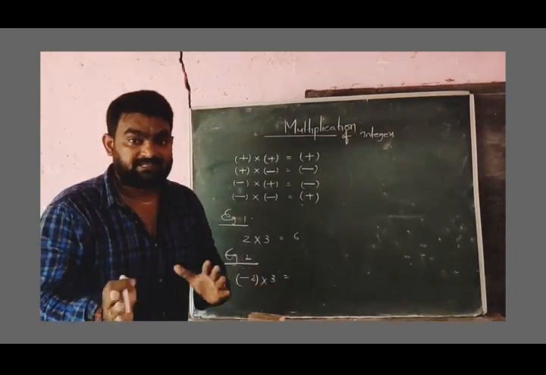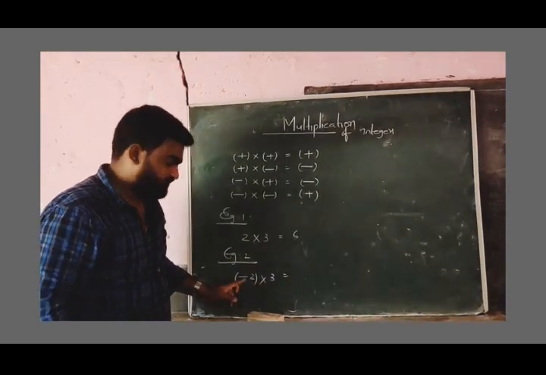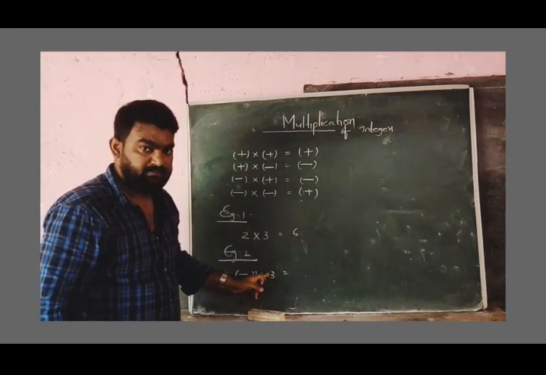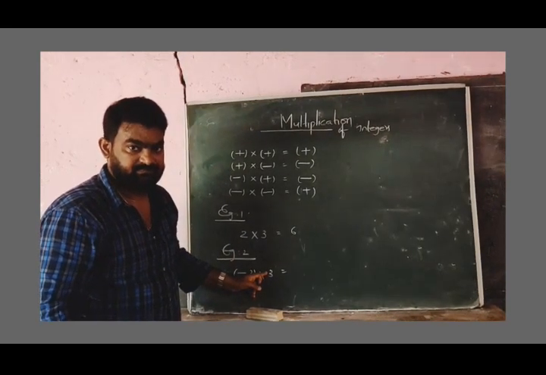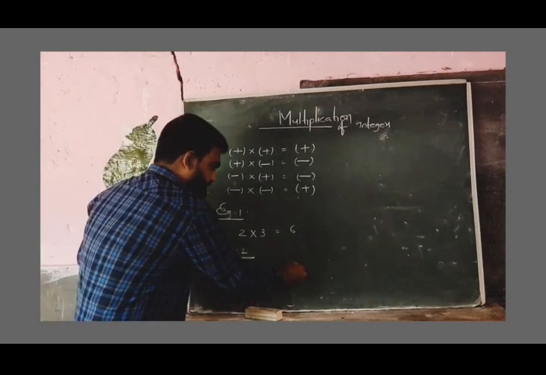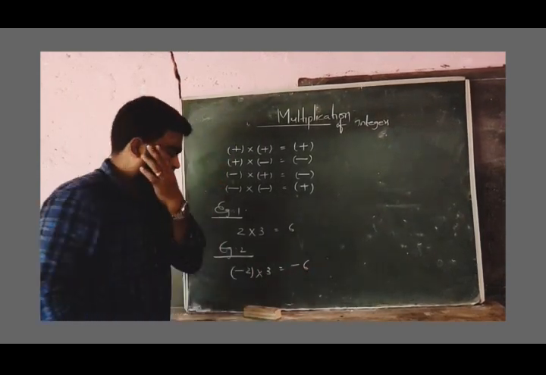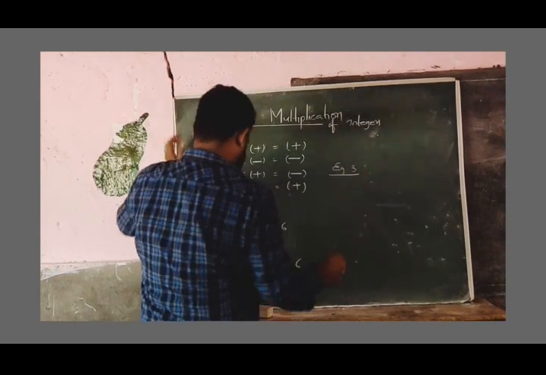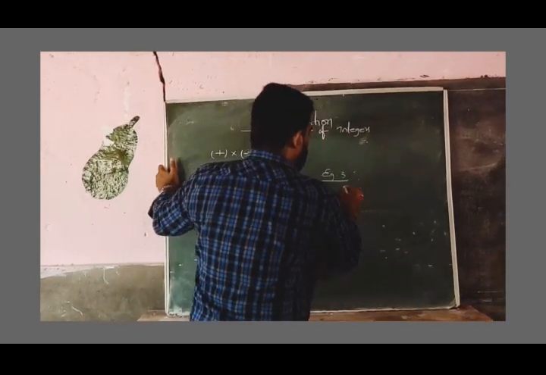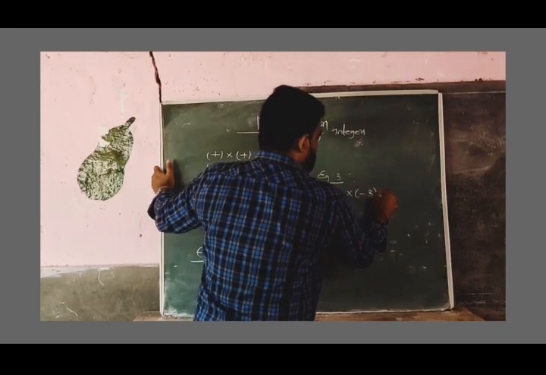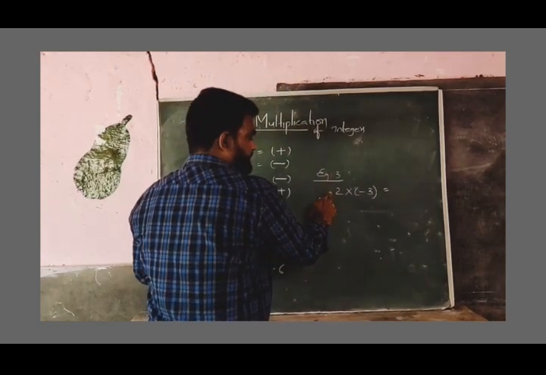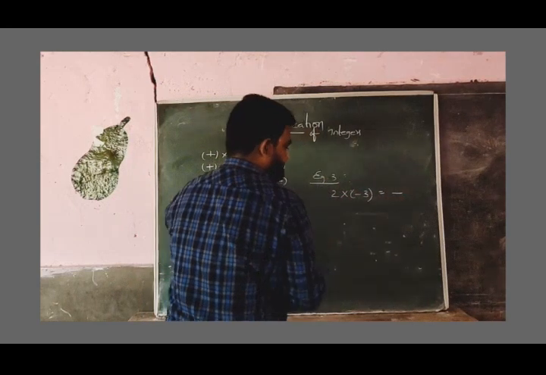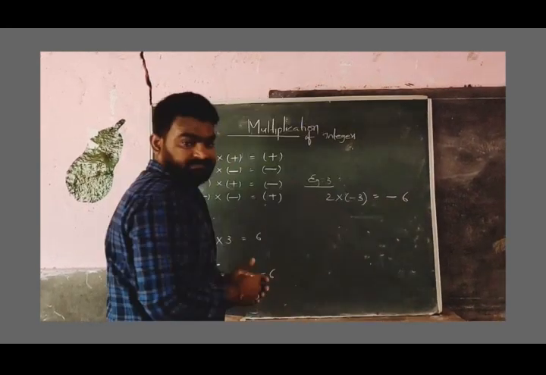First we multiply the symbols: minus into plus is minus; 2 threes are 6, so minus 6. Example 3: 2 into minus 3. Here also plus into minus is minus; 2 threes are 6, so minus 6.